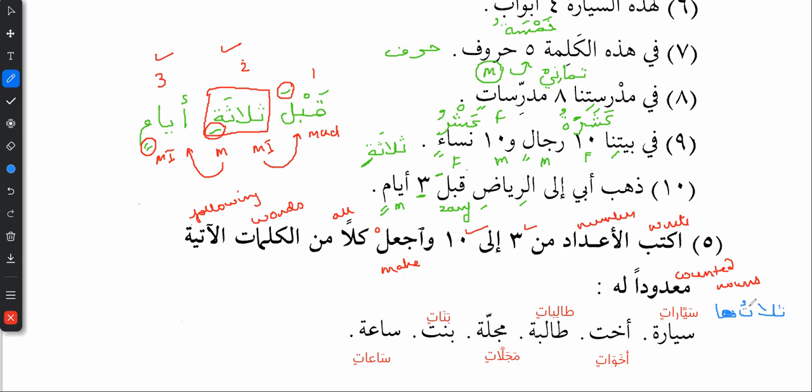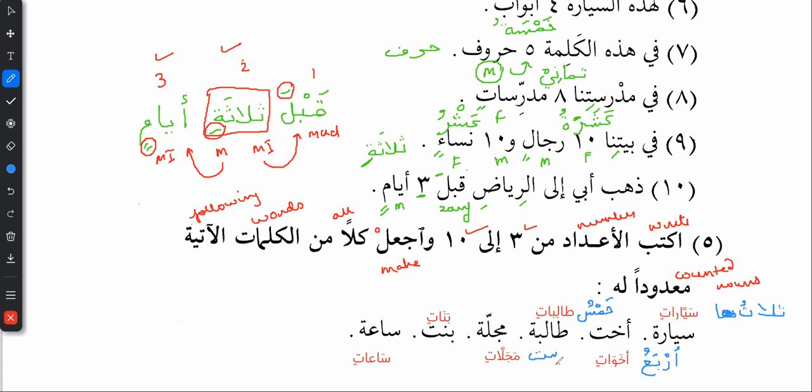The numbers will be male. Then akhawat, we have feminine, so our number 4 will be arba'u. Talibat, khamsu. Then mujallat, magazines, from 5, sittu.